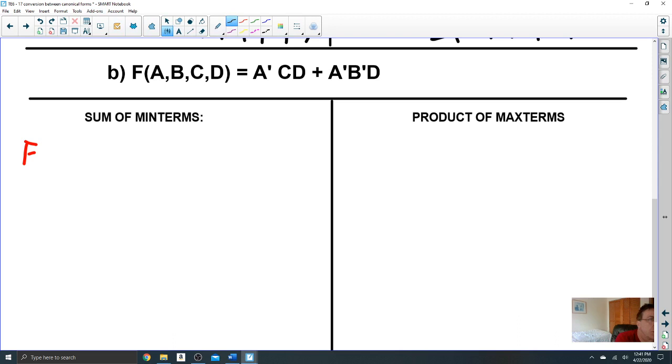So our function is equal to red. It's equal to a prime cd. What is missing? B is missing, right? So let's put b plus b prime, multiplying the function times 1, plus a prime b prime d.